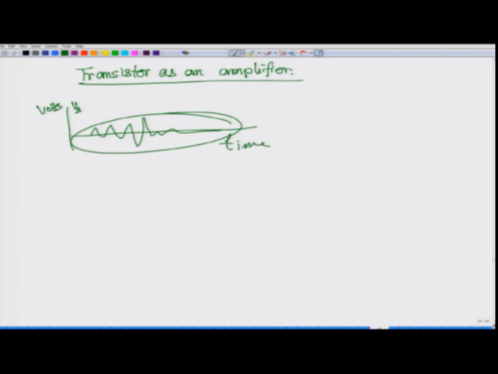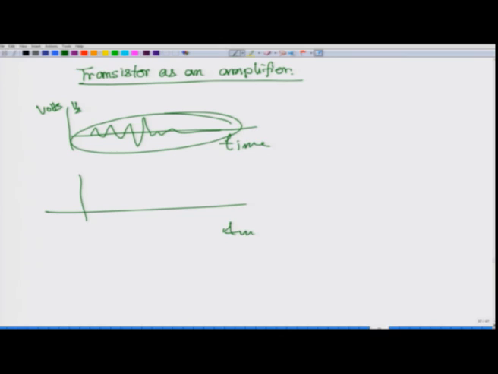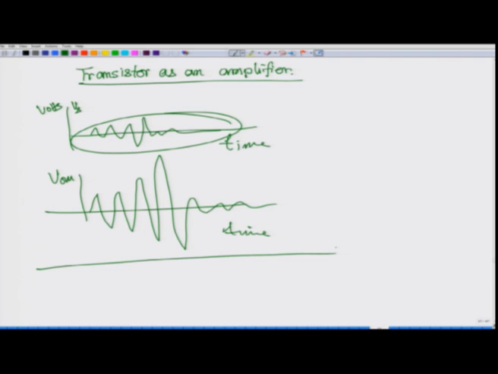If you are on some kind of software file, maybe you just stretch that vertically, and you get the same amplified signal. So, the same variation in time, but of course, this vertical scale should be very, very different. That is the kind of thing that we need for amplification.